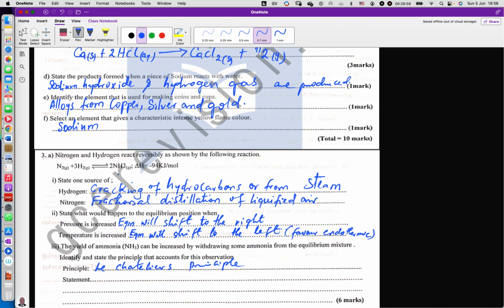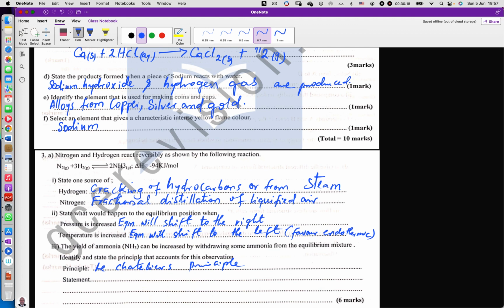It comes in to oppose. So when we increase the pressure, according to Le Chatelier's principle, the system must react in such a way to oppose the change, and a new equilibrium is established.